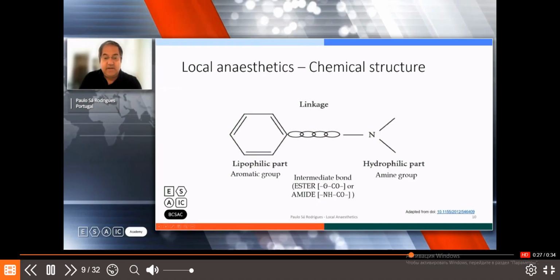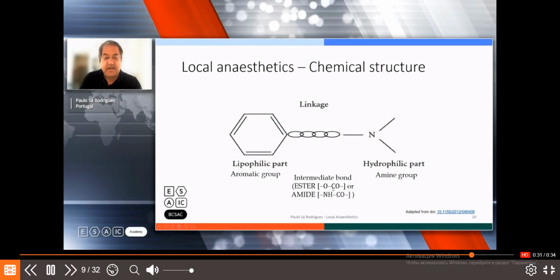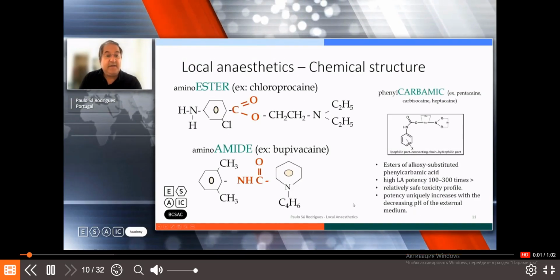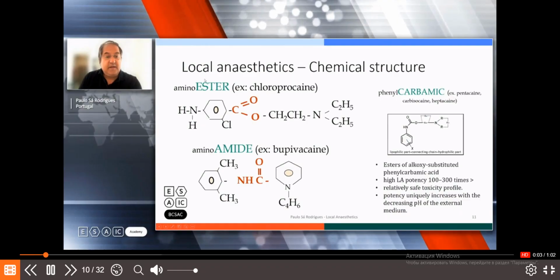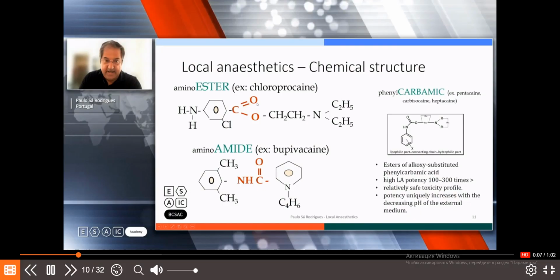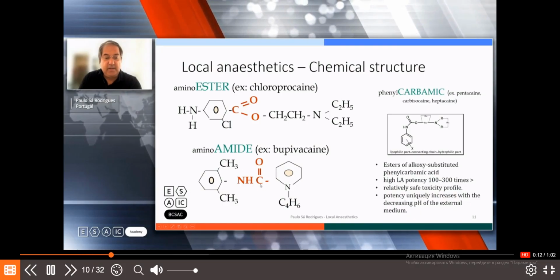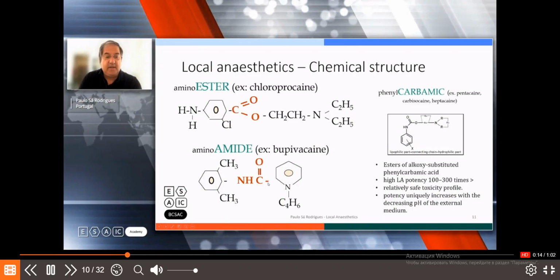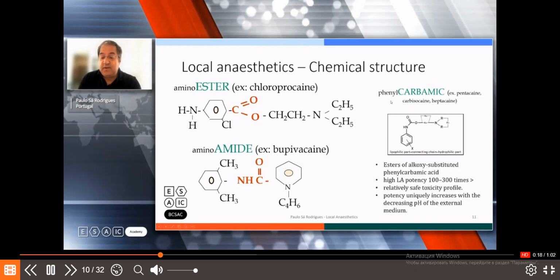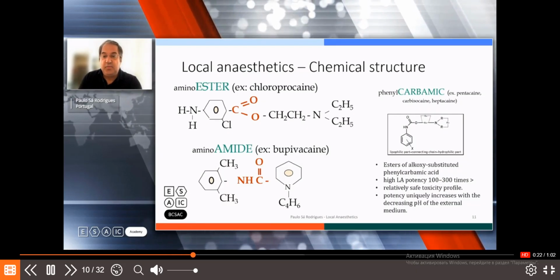This bond, as seen before, can be an ester linkage or an amide linkage. Here, for instance, we see chloroprocaine with the ester linkage, and bupivacaine with the amino amide linkage. There is also a third group, usually not mentioned, the phenylcarbamic group.